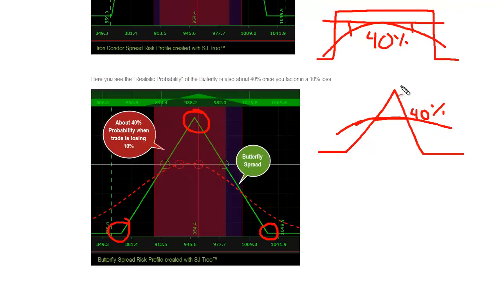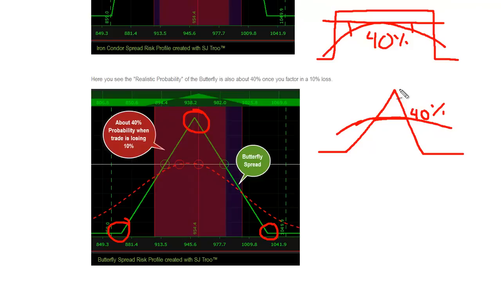Your calendar, this one here, you're selling the front month, buying farther out in time. And ideally it seems like it would have a flatter Vega position, but it actually has more of an unstable Vega position because you're splitting 2 months and the 2 months are a little bit unpredictable.